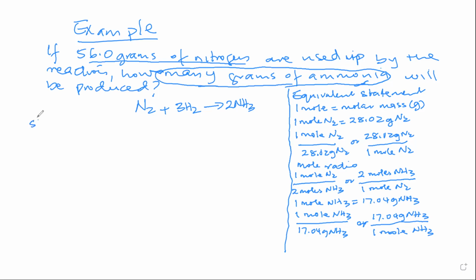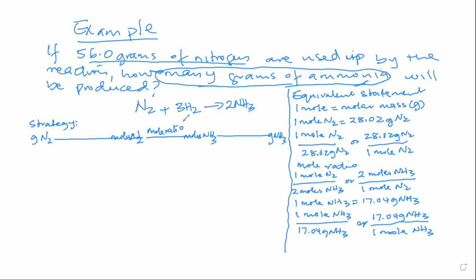So the strategy will be, we are going from grams of nitrogen to moles of nitrogen to moles of ammonia to grams of ammonia. From mole to mole, this is the mole ratio. That's the main stoichiometry, the mole ratio here.